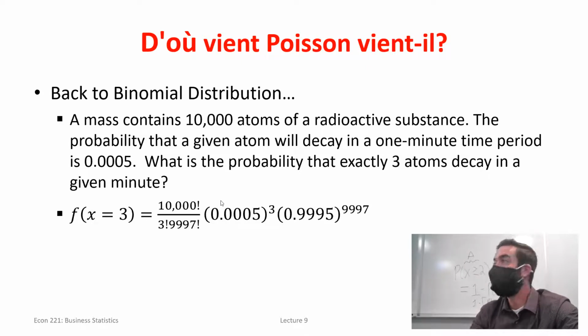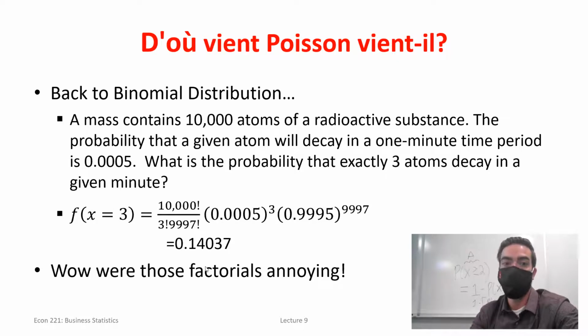It's going to make my life a headache. These factorials are pretty annoying. You probably can't do this on a calculator, but we probably could do this one because we can cancel out enough things. Everything past 9,997 would cancel. So if we enter this into our calculator, we will get 0.14, but there's a shortcut that makes it a little easier.